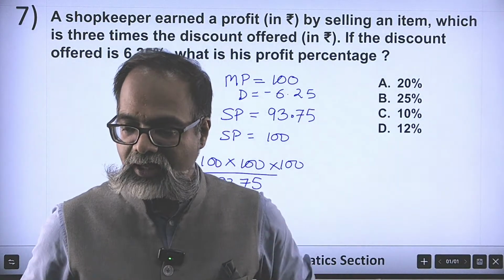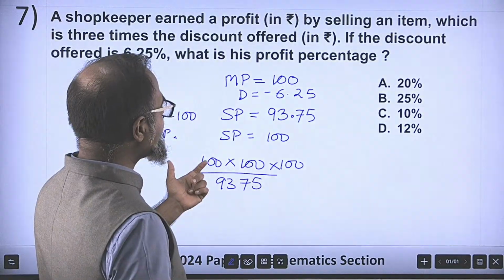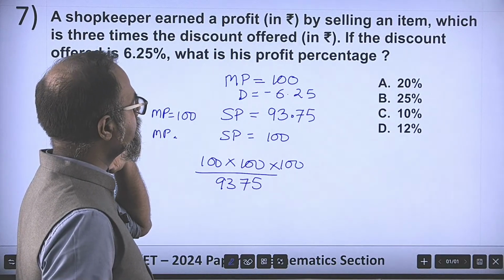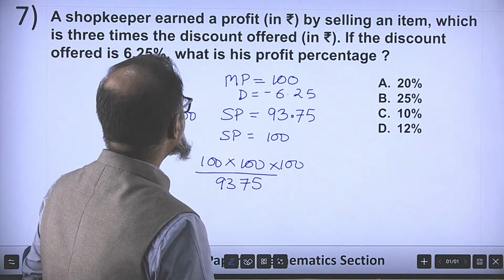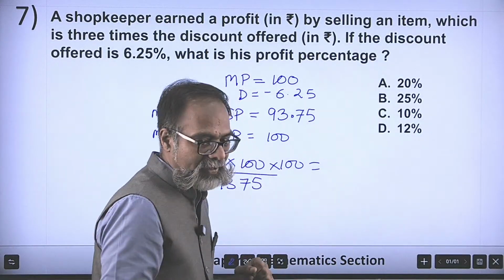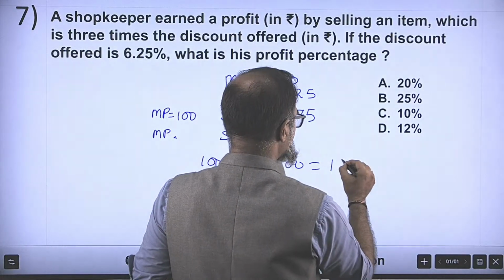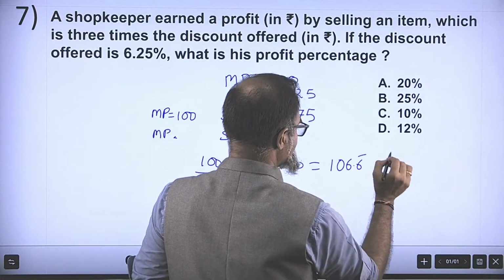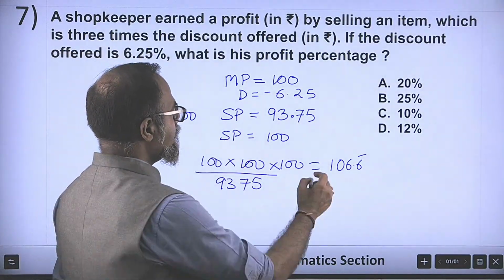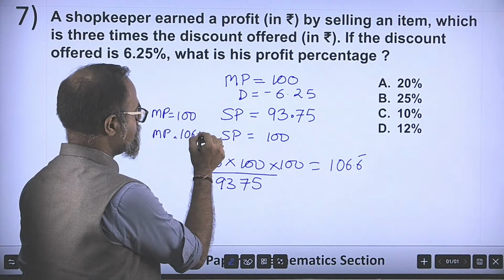I can actually rework what my cost is going to be, right? Fair enough. So if I solve this, I'm going to peek into my notes so that I don't have to spend too much time. So this is going to be 106.6 recurring, right? So when my selling price is 100, my marked price is supposed to be 106.6.